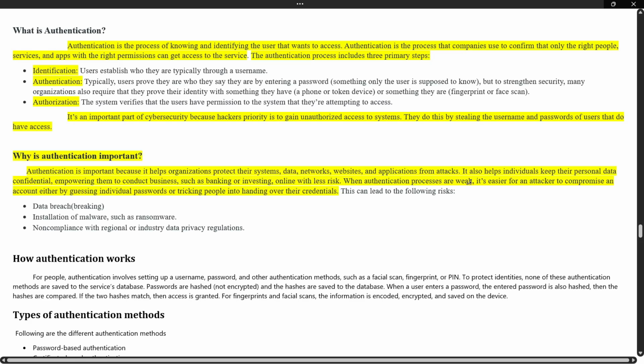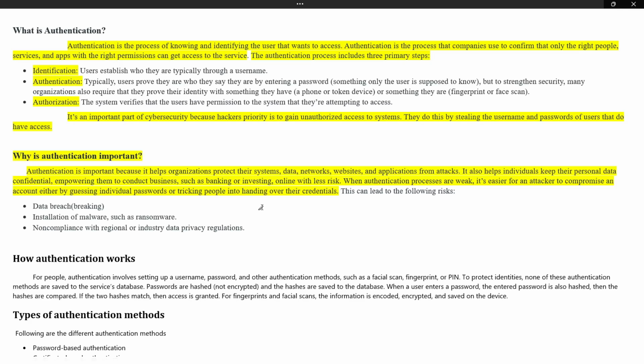When authentication processes are weak, it's easier for hackers to compromise an account, either by guessing an individual's password or tricking people into handing over their credentials. As I already said, security is very important. We are in the online world, using banking systems and investments, everything online.